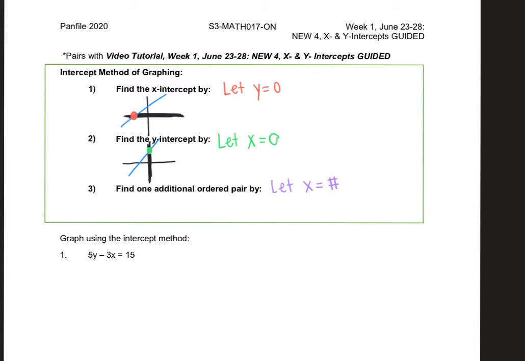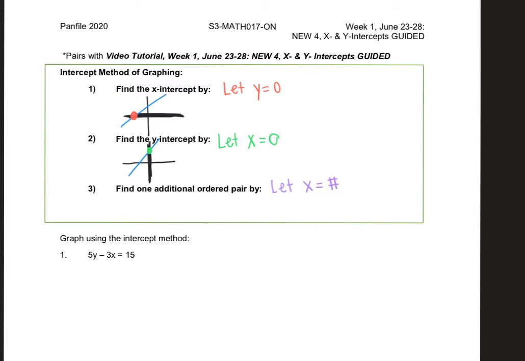We want to pick a number that works for us, and what I mean by that is some of the things we've talked about already. We might want to pick a number that goes with a denominator. We might want to pick a number that is small, isn't negative.